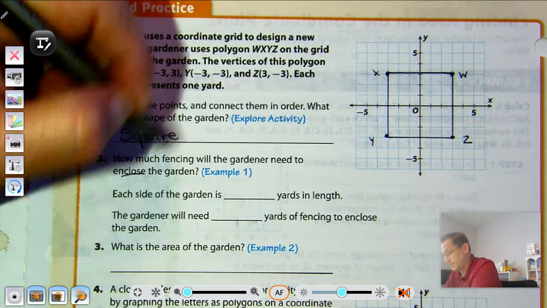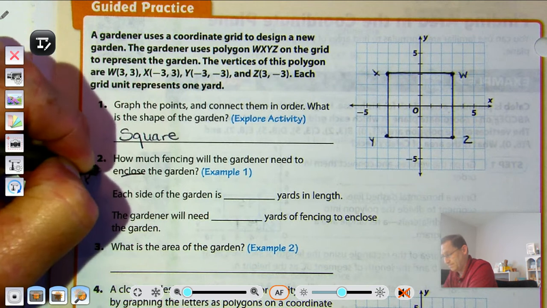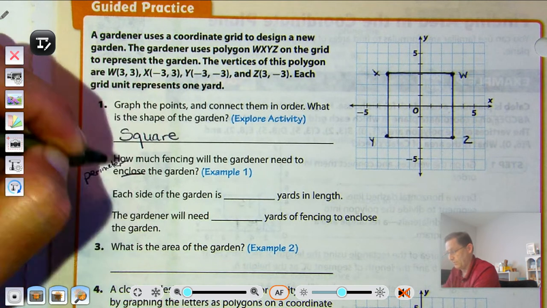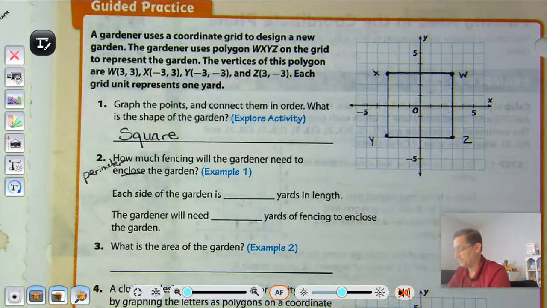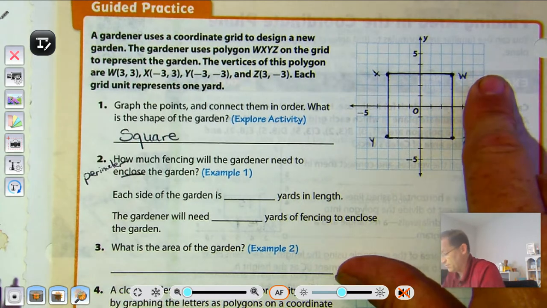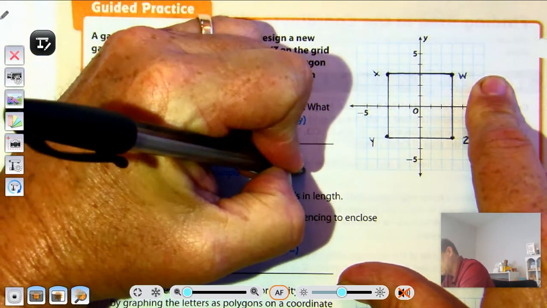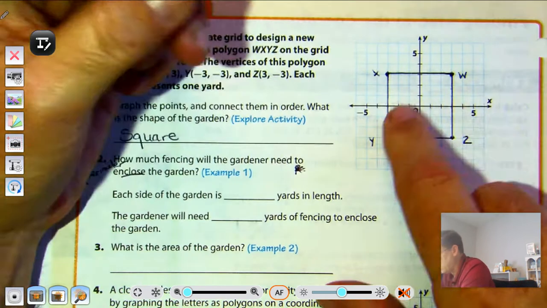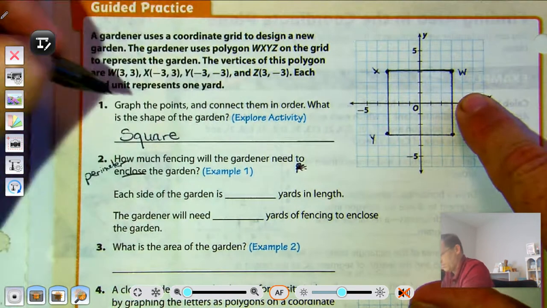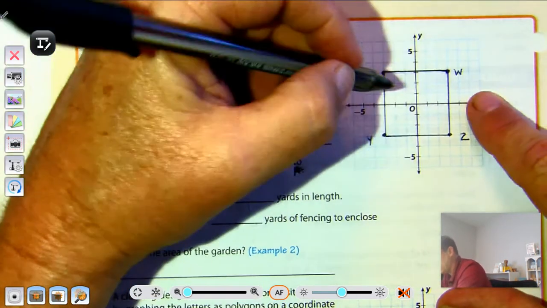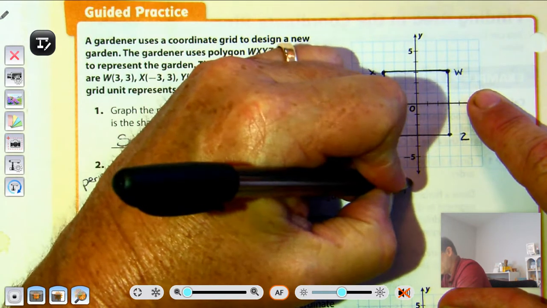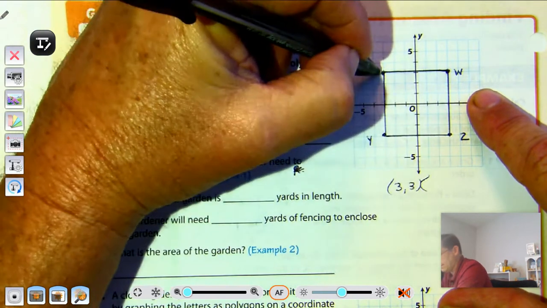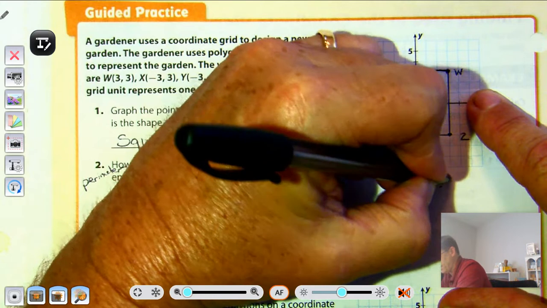To enclose the garden, that would be perimeter. Okay, we're going to go around the fence. So from X to W, we have 3, 3, and negative 3, 3.